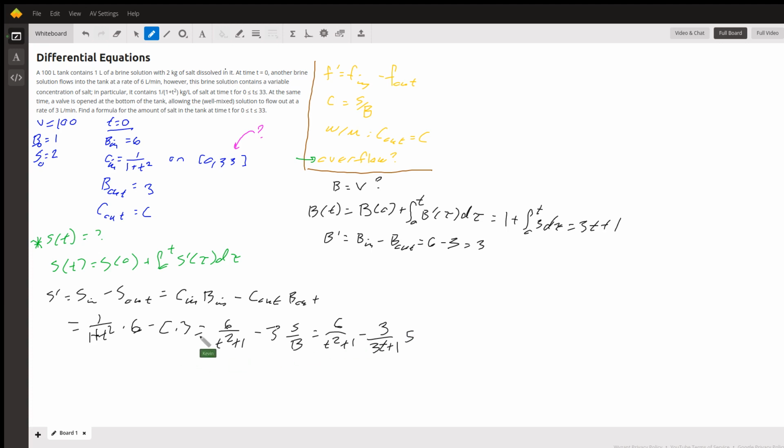Okay, well, now T and S are both allowed to be in here, so everything that we need to find is all right there. Let's just rearrange that in a typical differential equations form here.